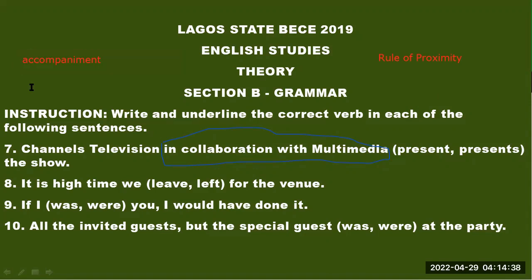In other words, something accompanies the other. If you accompany somebody somewhere, you go with them, but you are not going in your full capacity. You are just keeping them company.